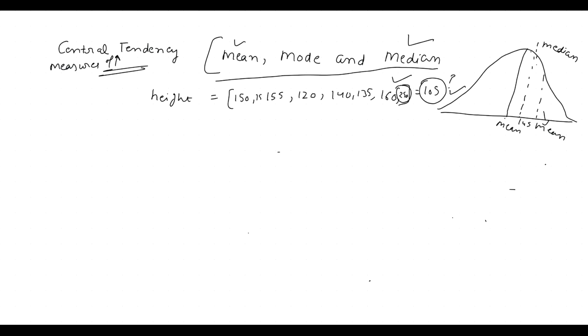So if you want to find the mode, you will count the number which occurs most frequently in your data. So 150 repeats 2 times, other numbers come only 1 time. So 150 is going to be your mode. This means your data points lie around this range. This is your central tendency value, where your maximum data points lie within this range. So this is called mode.